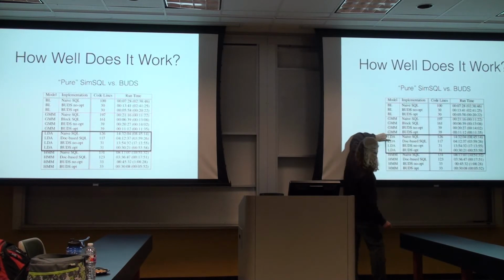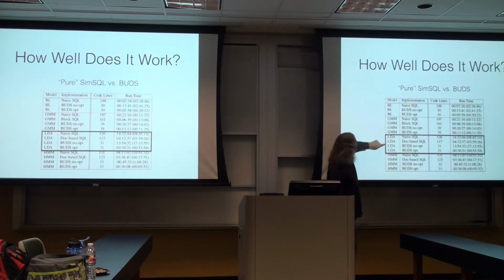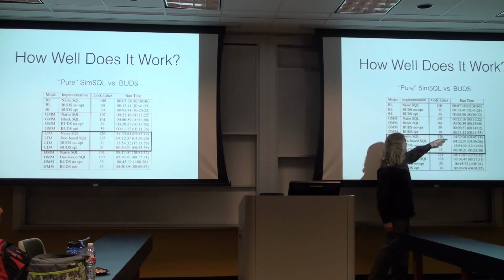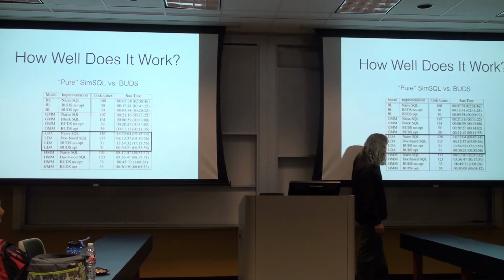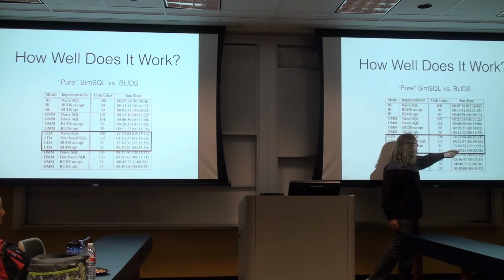This row is doing the same thing. This is BUDS using essentially a stupid compilation, which was roughly the same time as the stupid SQL. But the interesting thing is that the BUDS optimizer was able to find a particular SQL for this that was 1/8 of the running time.